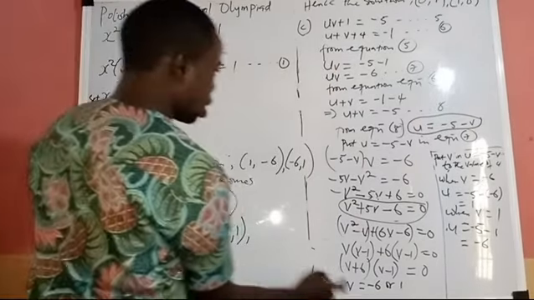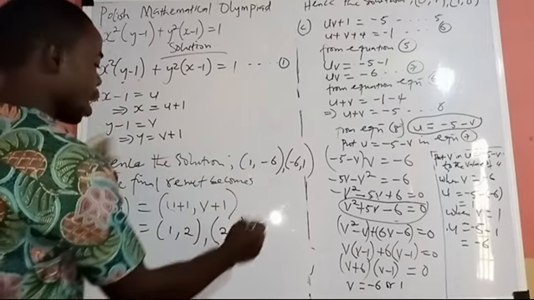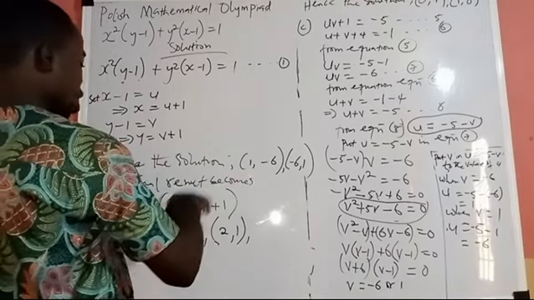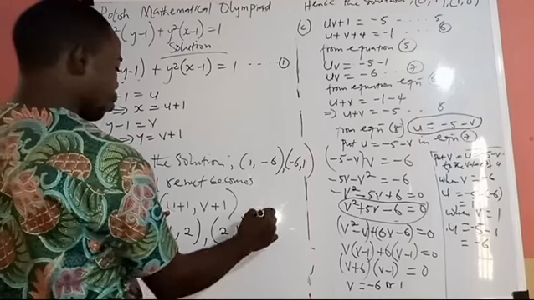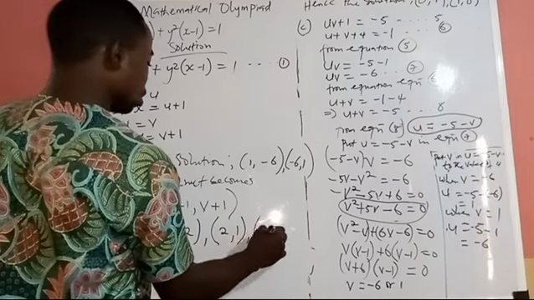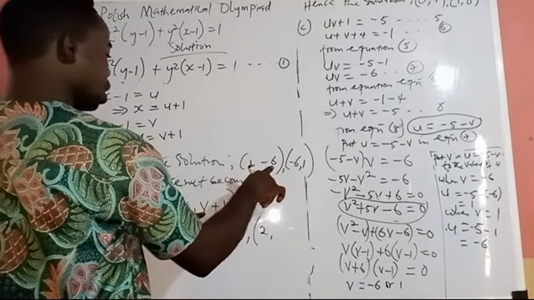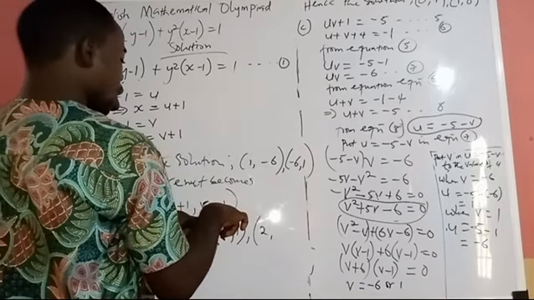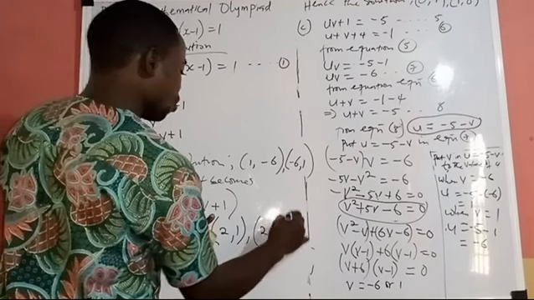And then for this second result right here, when our u is equal to 1, we have this value here to be equal to 2, and our v is minus 6, so minus 6 plus 1 will give us minus 5.